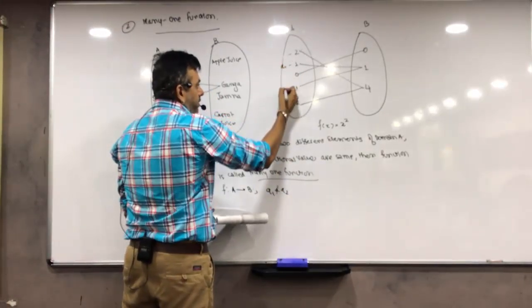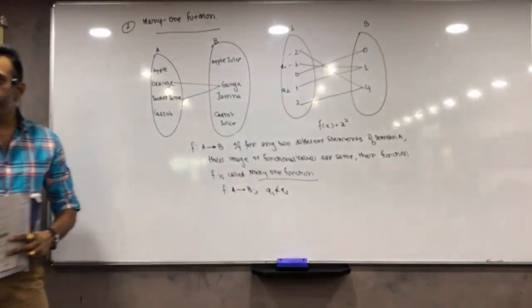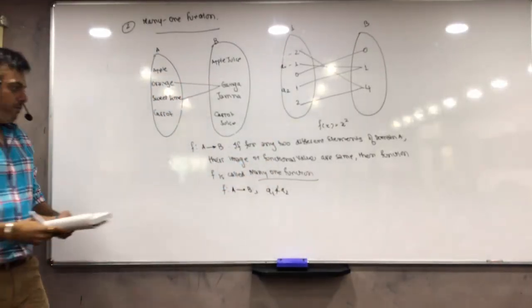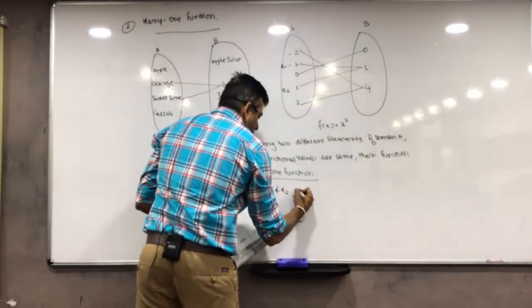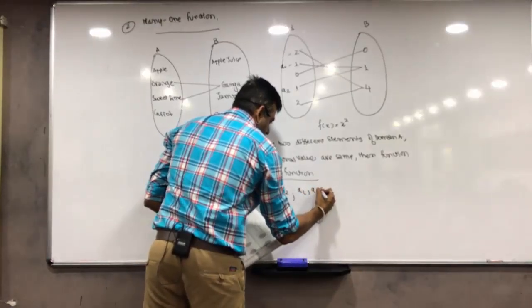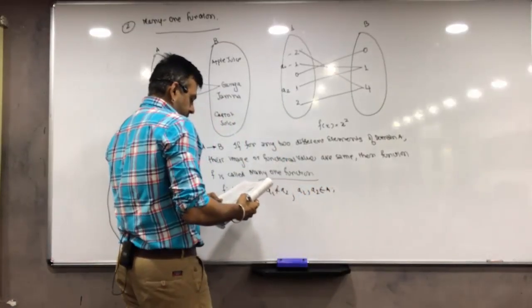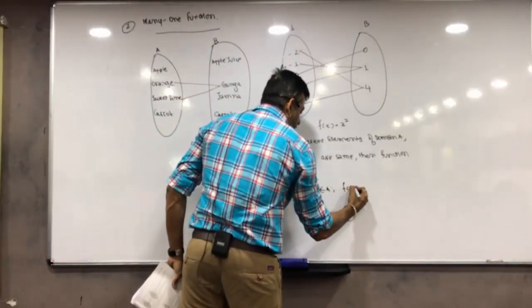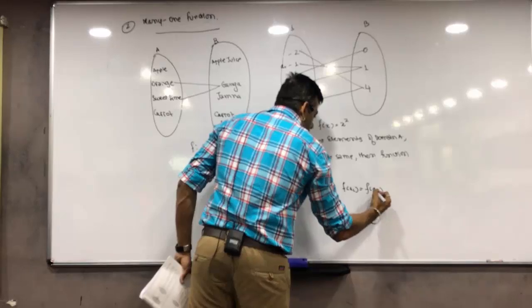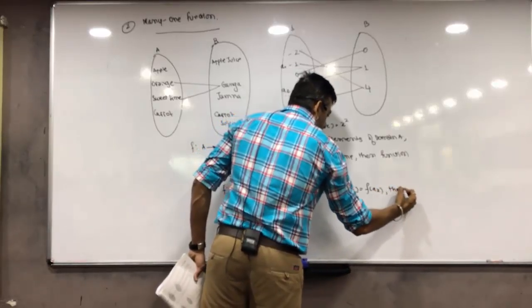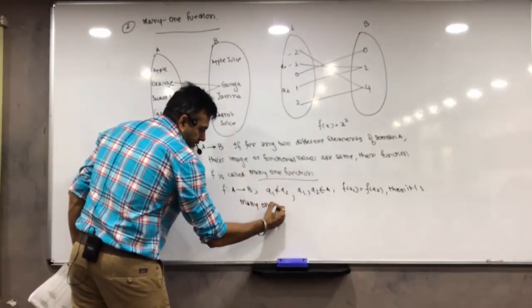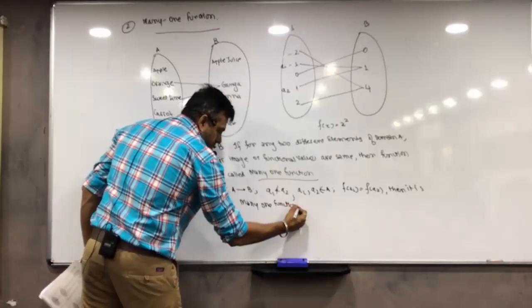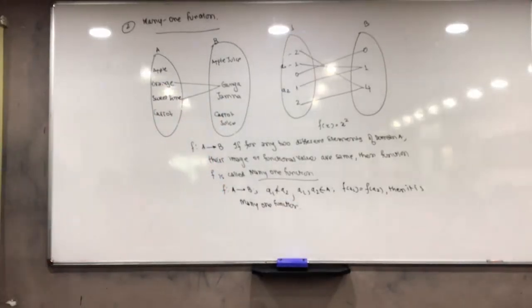Understood? A1, A2 belong to A, but function of A1 is equal to function of A2. Then it is many-one function.